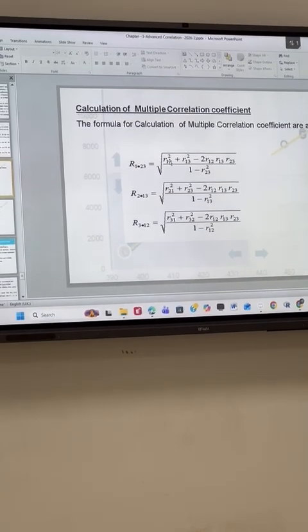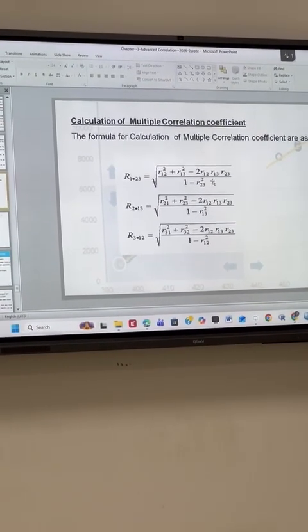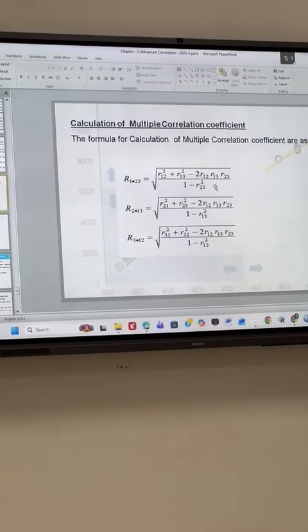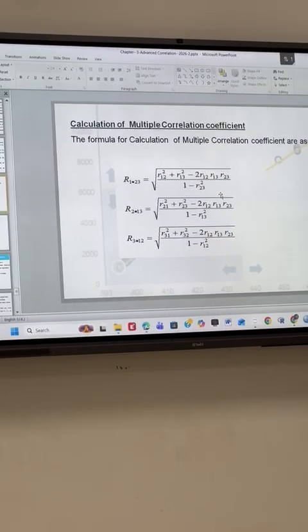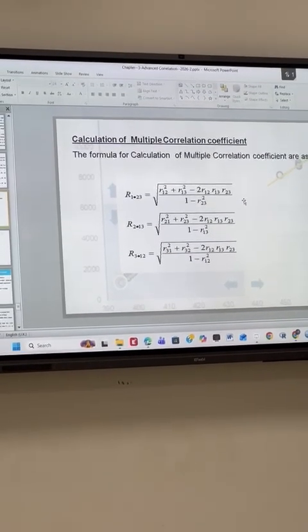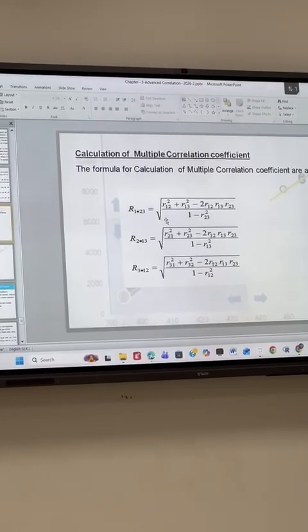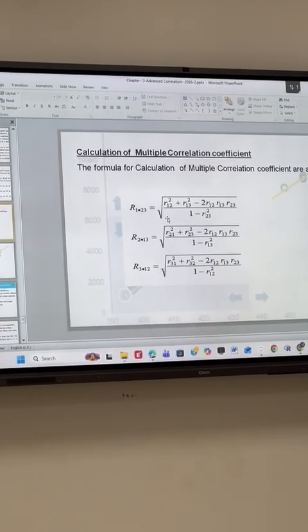I will give the values, put them in the formula and find the answer. I will give the correlation coefficients R12, R13, R23 and ask you to find the value of R1.23. Clear?